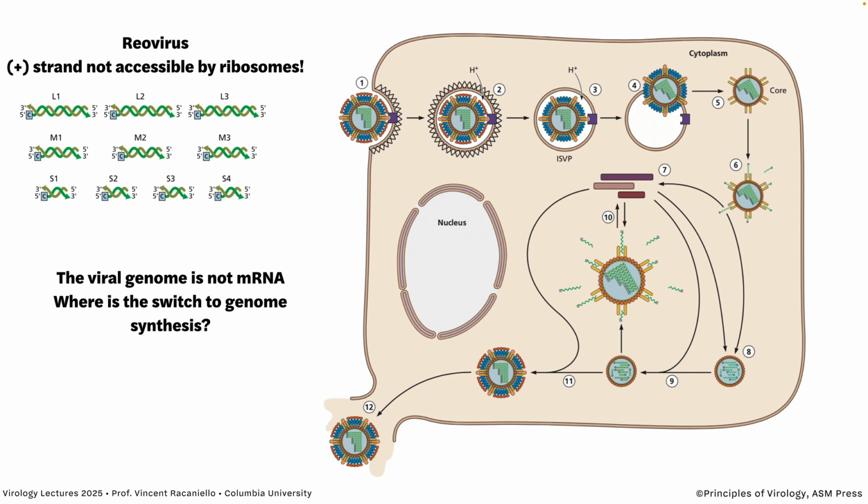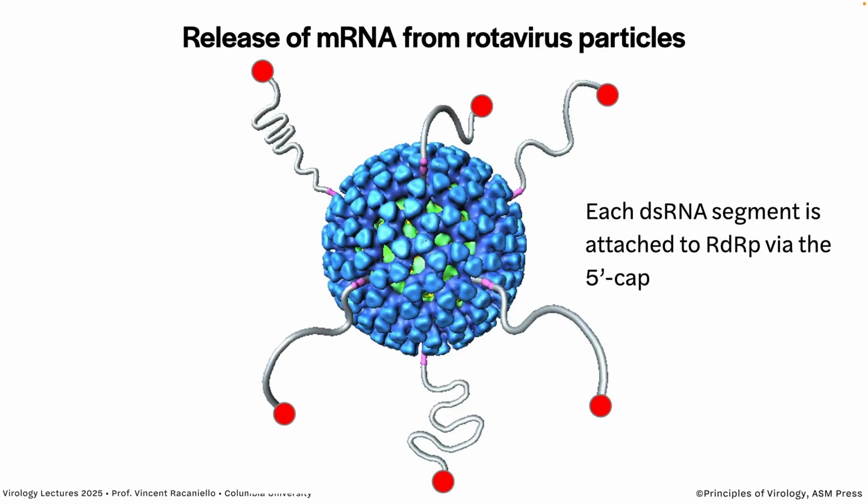Now, here's a neat experiment that was done years ago where they took the core particle of, in this case, rotavirus, but same double-stranded RNA virus, and they incubated them in vitro with triphosphates, and they made electron micrographs of the particles. And you can see the mRNA is coming out of each turret.